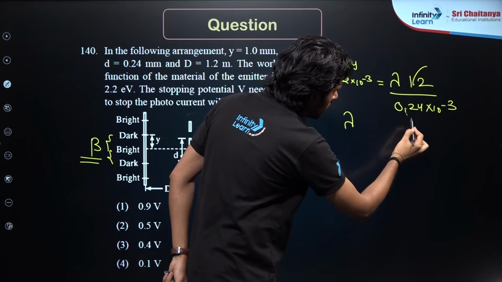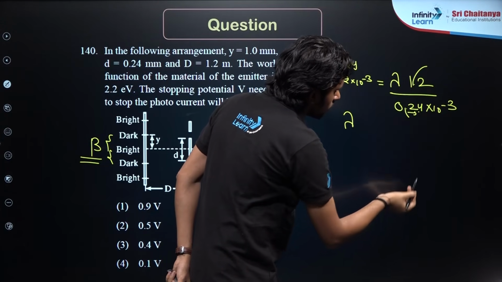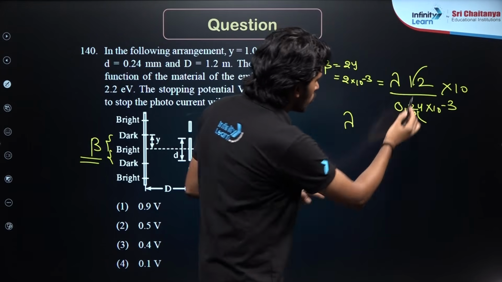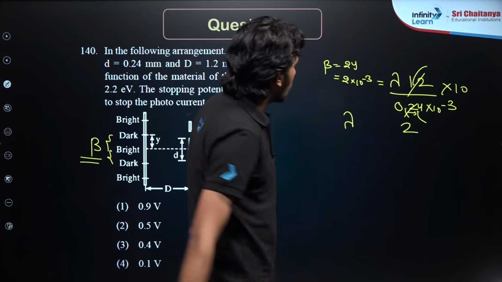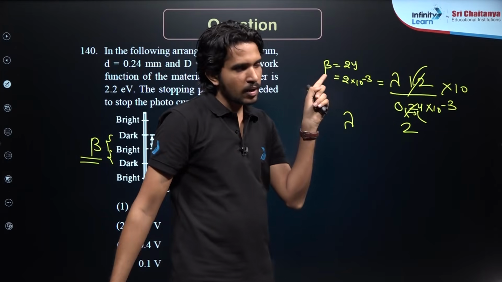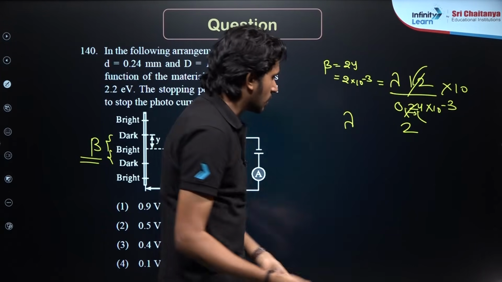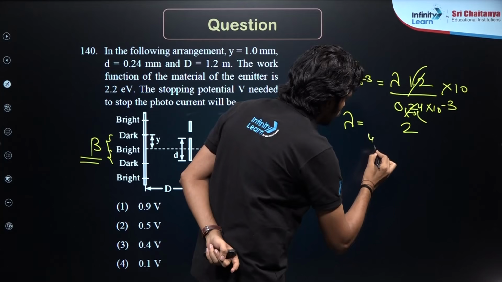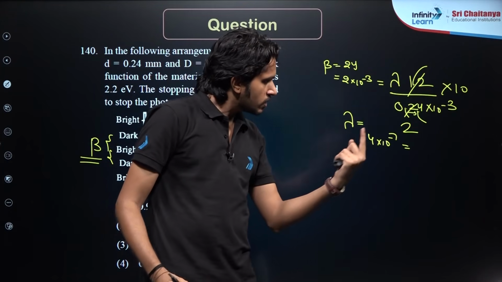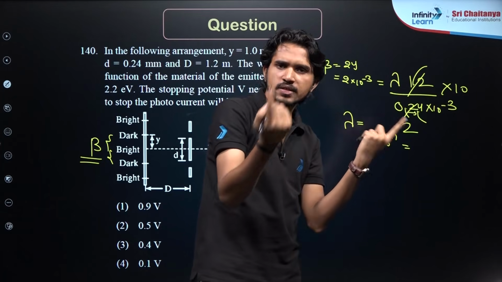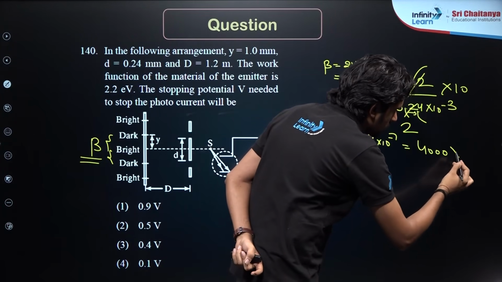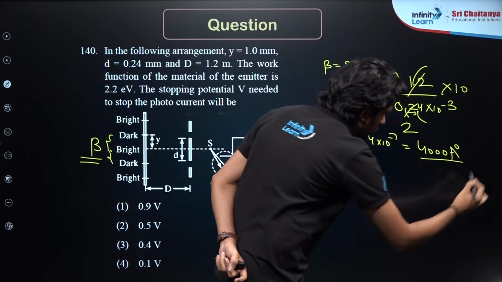Remove this point, push it over here, and multiply with 10. So 12 2s are 24, 2 2s are 4, and the powers of 10 work out to minus 7. Lambda equals 4 into 10 raised to minus 7 meter, or 4000 into 10 raised to minus 10, that is 4000 angstrom.